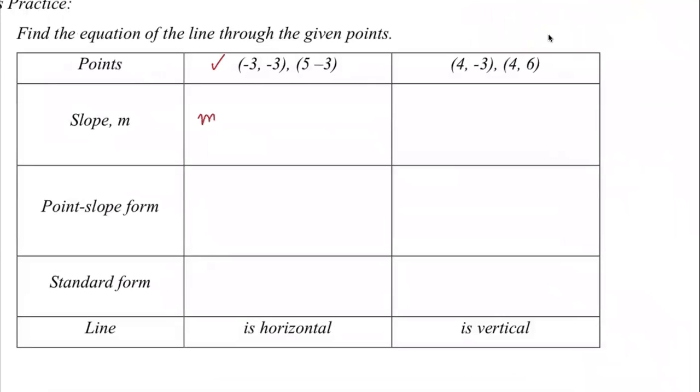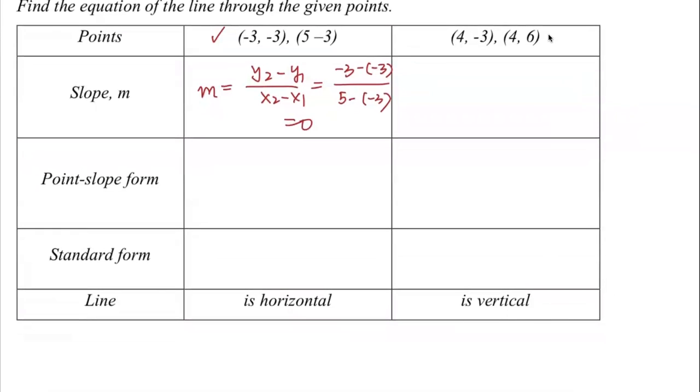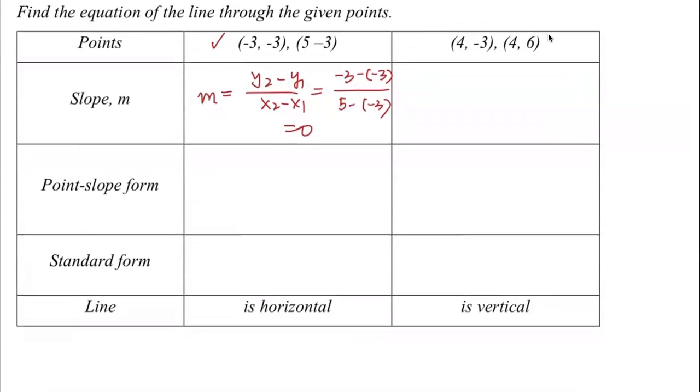We know that the slope formula is y2 minus y1 over x2 minus x1, which is -3 minus -3 over 5 minus -3, right? -3 minus -3 is equal to 0. 0 over anything is 0. So the slope is 0. Okay. Point slope form. So now we have the slope, which is equal to 0, right?